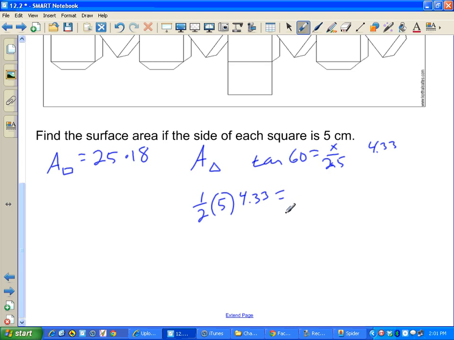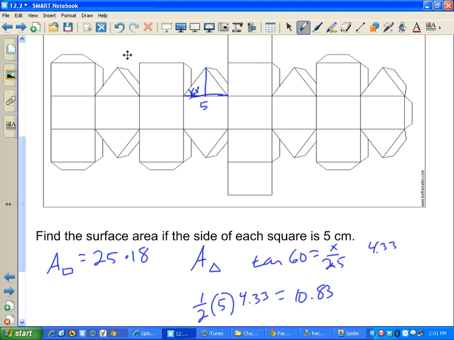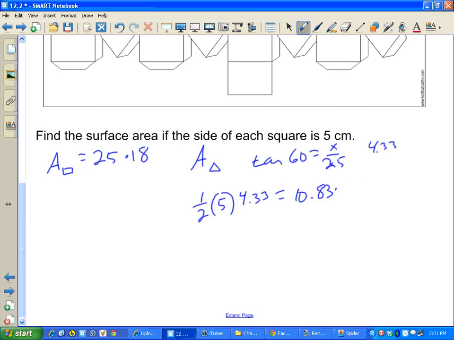So I get an area of 10.83, and I have 2, 4, 6, 8 triangles. 86.6.